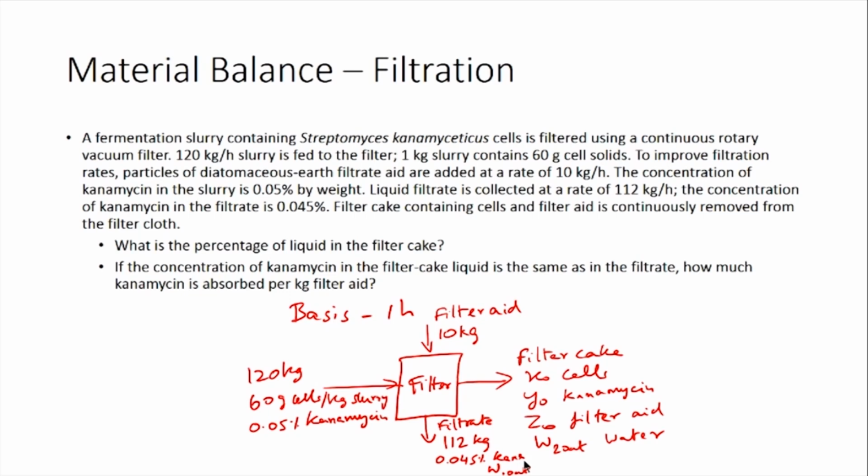So, the second part of the question asks for the amount of kanamycin which could have been absorbed by the filter aid, resulting in this decreased concentration. But we also know that in a filtration, the concentration of kanamycin, the dissolved component, would be the same in the filtrate and the liquid accompanying the filter cake. So, knowing all this information, let us go about solving this problem.